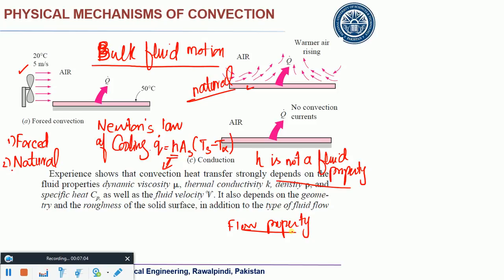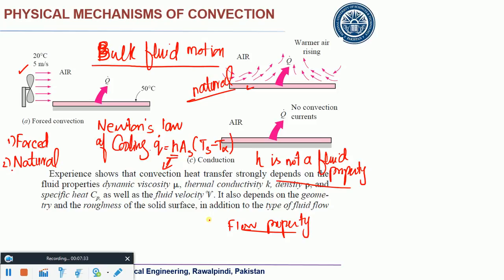And I just copied and pasted that paragraph which describes what kind of flow properties can affect the value of H. So convection heat transfer strongly depends on fluid properties, like dynamic viscosity and thermal conductivity of the fluid. I am talking about thermal conductivity of the fluid, not the thermal conductivity of the solid. So density, rho, and specific heat, which is Cp.